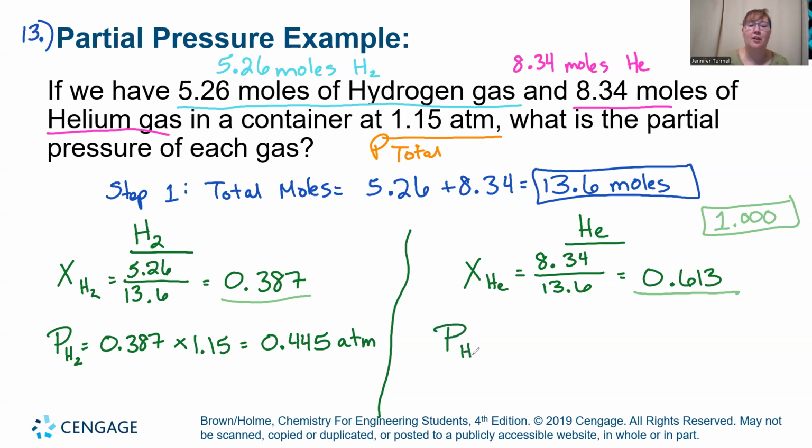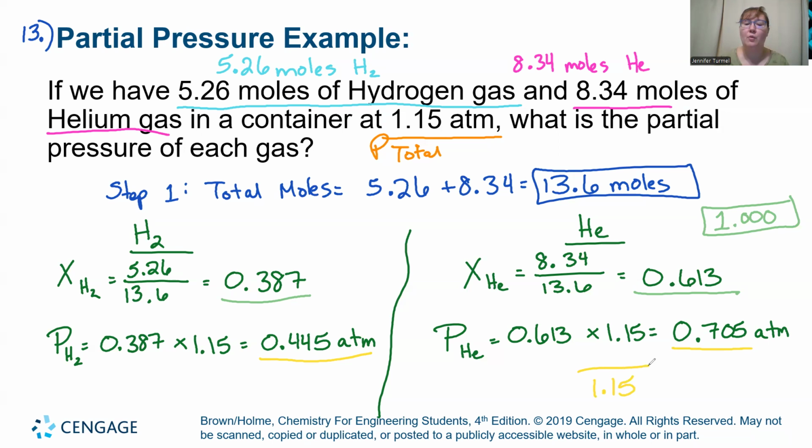Then the partial pressure of our helium gas is the mole fraction of our helium times 1.15, and that gives us a partial pressure for helium of 0.705 atmospheres. Again, you can notice that 0.445 atmospheres and 0.705 atmospheres add up to the total pressure of 1.15, which is Dalton's law in a nutshell.